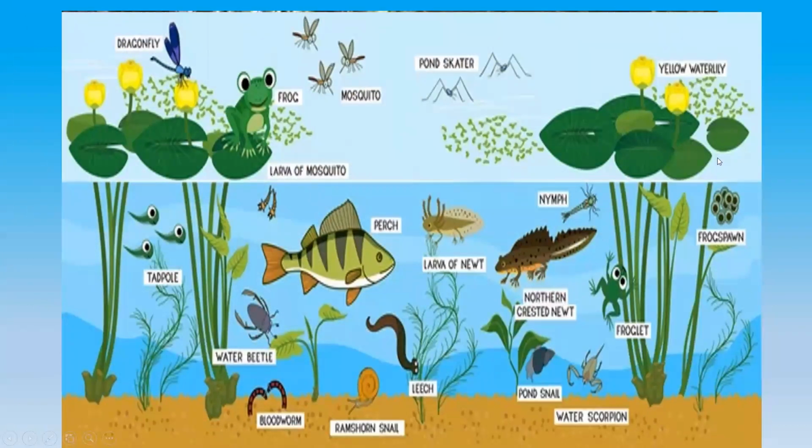What are the organisms that you can see here? We have worms, snail, leech. We have newt, froglet, perch, water beetle, tadpoles. And what are the plants you can see here? Yellow water lily. There are frogs.